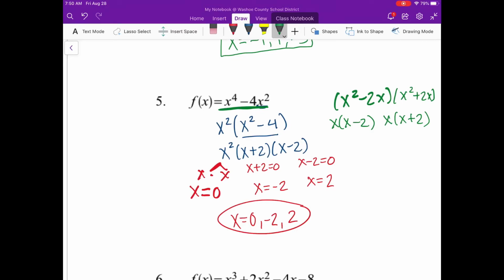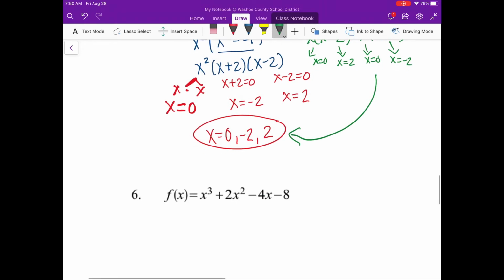Set your factors equal to 0. So this one becomes x equals 0, this one becomes x equals 2, x equals 0, x equals -2, and I end up at the same place. So whichever way makes the most sense to you, go ahead and do that.